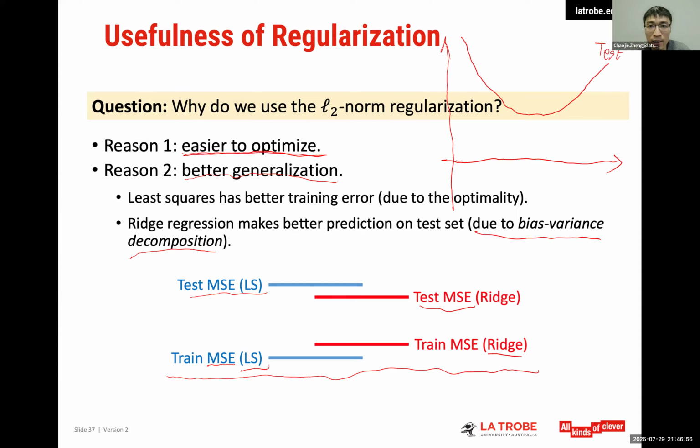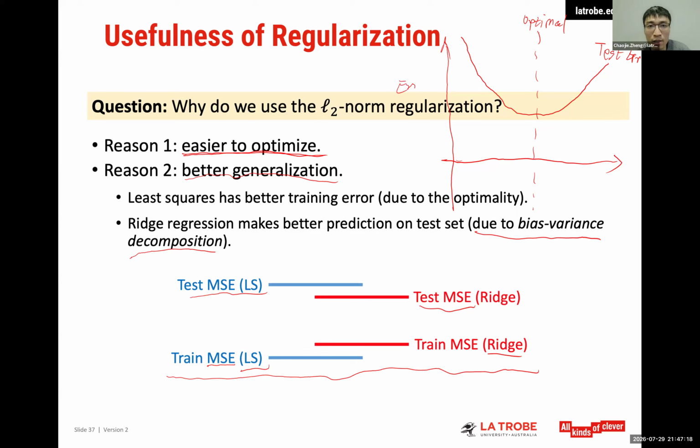This would be the test error, and we have a turning point here. This would be the optimal model that will have the lowest test error.